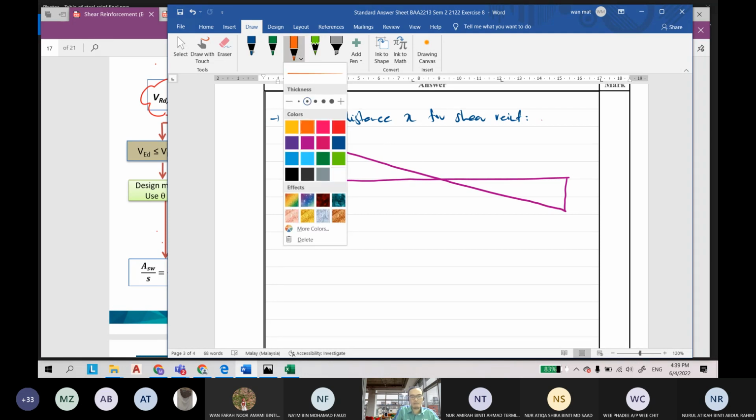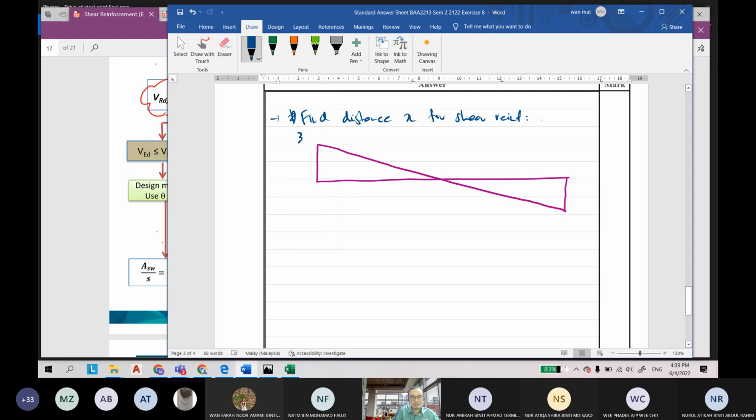So here we have 360, and here let's say we have 100.2 kilonewton. From here to here is our value of X, and to the middle is L over 2.